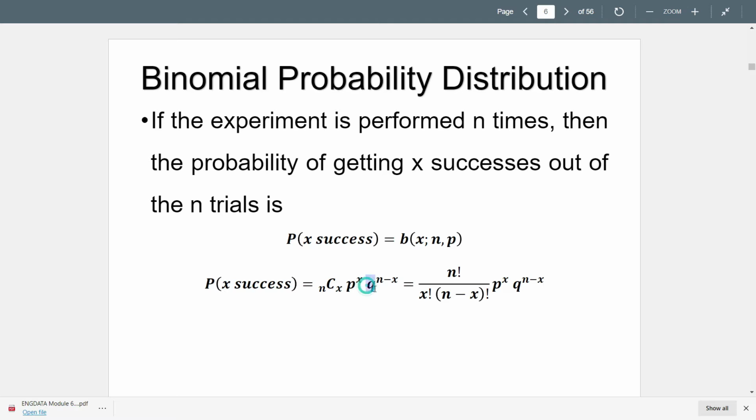In the mathematical equation, that is the formula of combination: n factorial over x factorial times n minus x factorial, multiplied by the probability of success and the probability of failure.